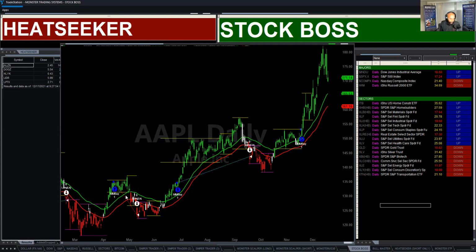All right, so here was the buy signal, a sell signal, and then it broke resistance here, buy signal. The last buy signal came in at 153, and right now it's at 171. It's in the markup phase. This is on the daily time frame.